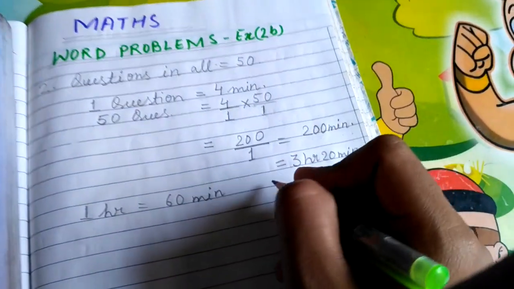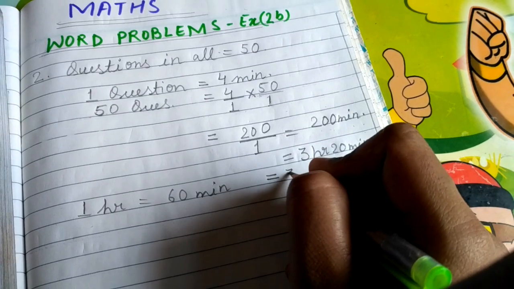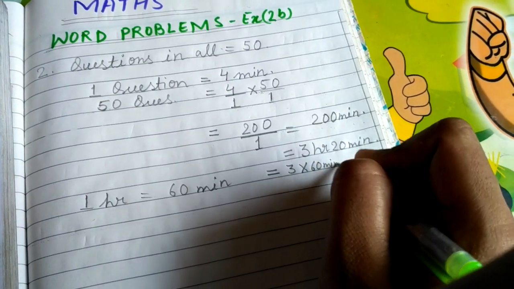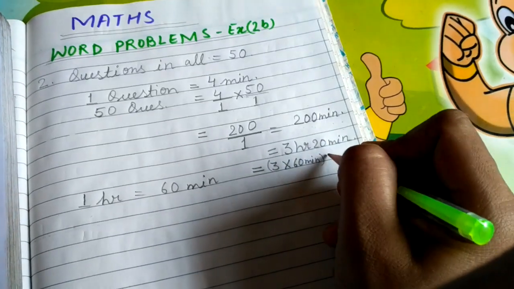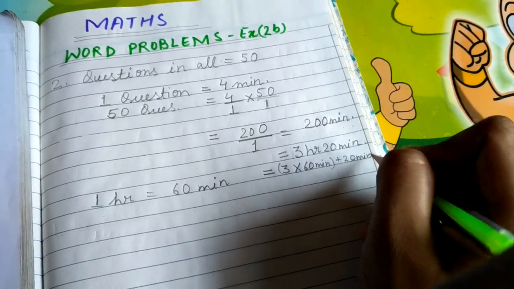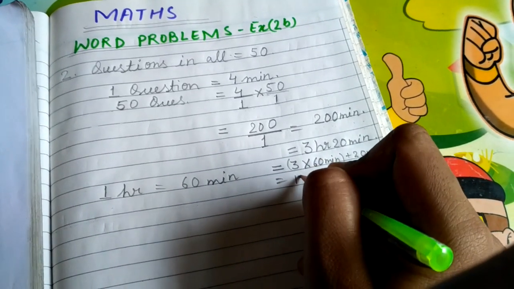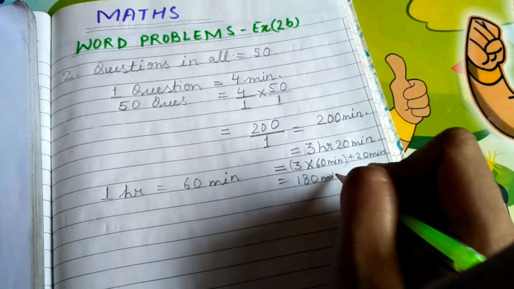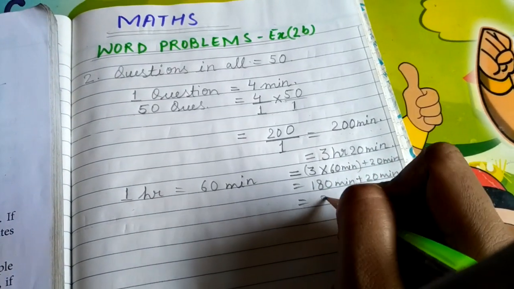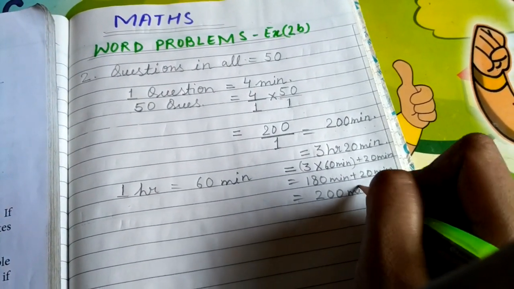Now 3 hours means what? 3 hours can be written as 3 into 60 minutes, and this 20 minutes will be added. So 3 sixes are 18, 180 minutes plus 20 minutes is equal to 200 minutes.